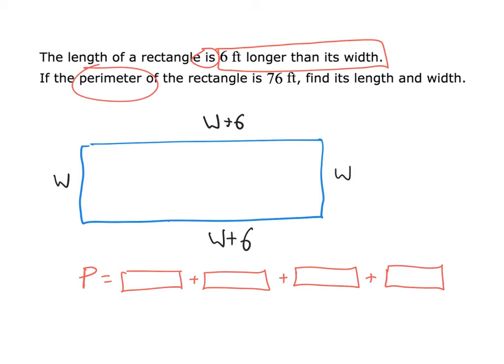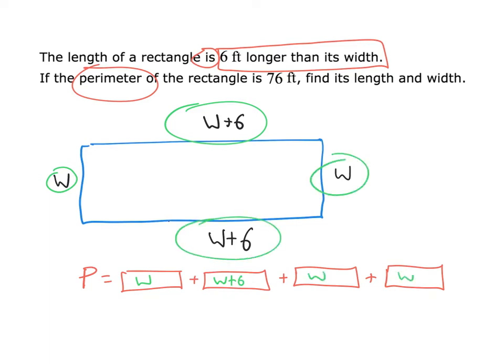So next, what I'm going to do is take this width. This is side 1, and put that here. I'm going to call this one side 2. Put that here. Put this side 3. Put that here. And this is side 4. We're going to put that here.